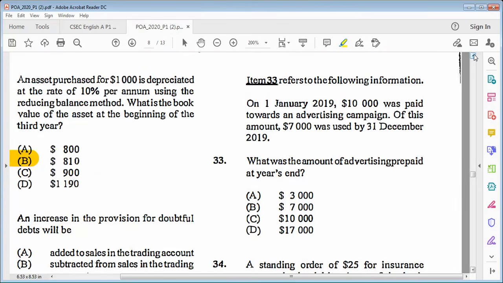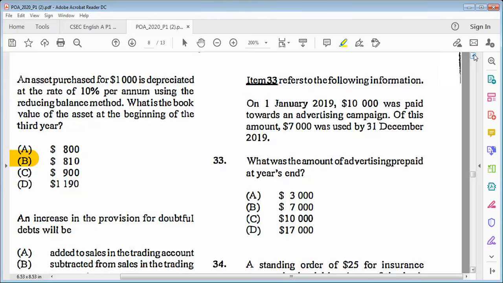Item 33 refers to the following information. On the 1st of January 2019, $10,000 was paid towards an advertising campaign. Of this amount, $7,000 was used by 31st of December 2019. What was the amount of advertising prepaid at year's end?